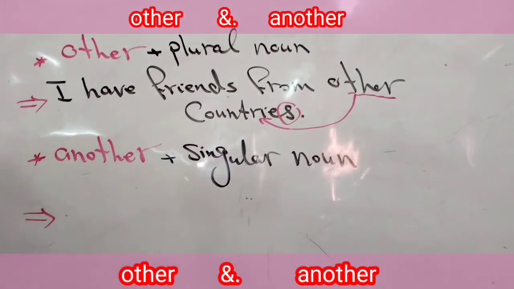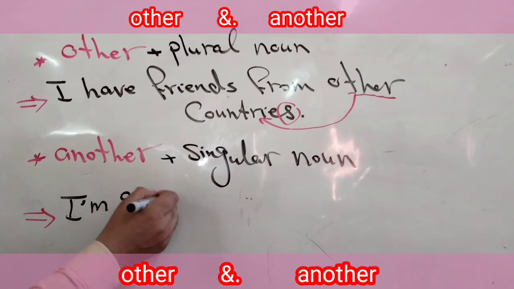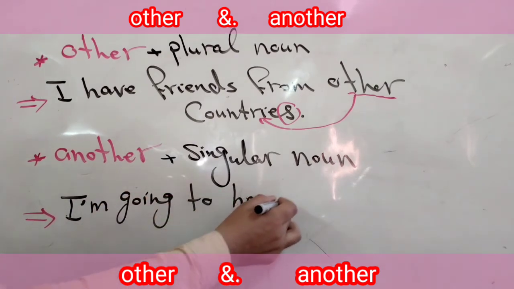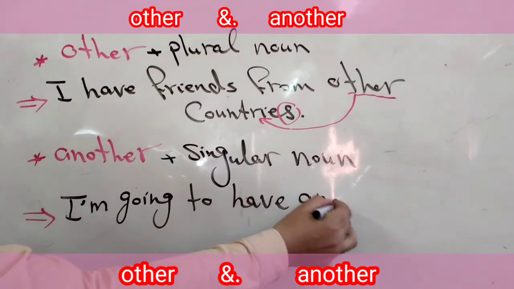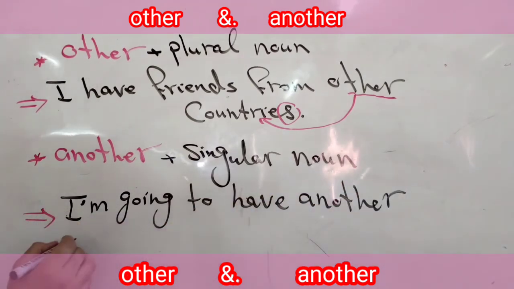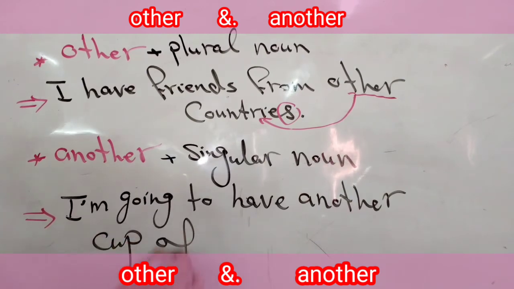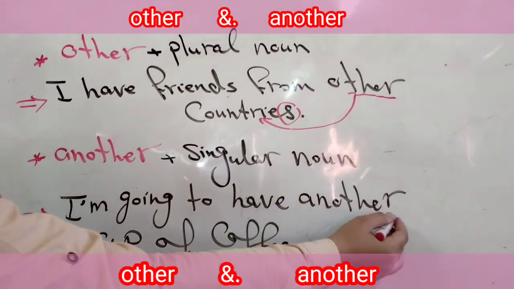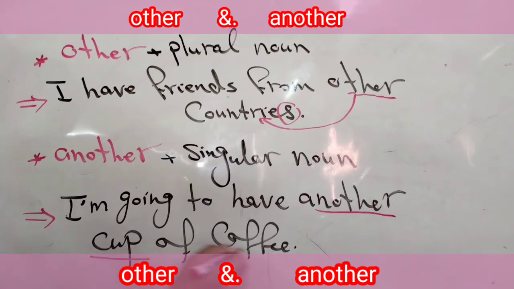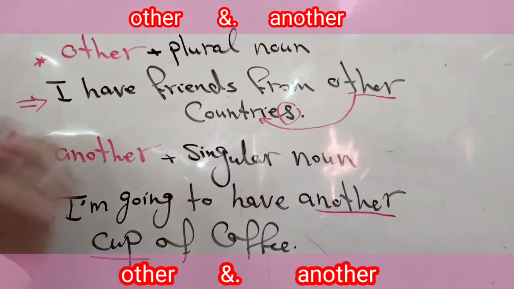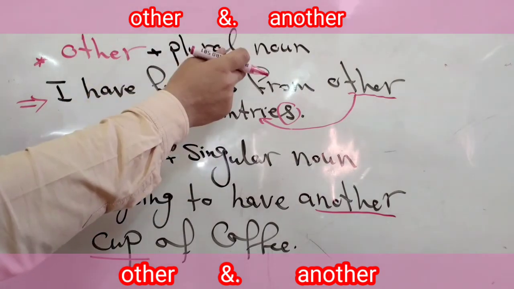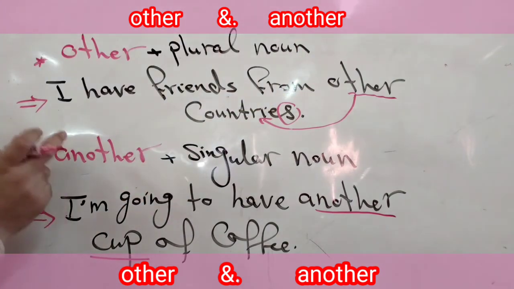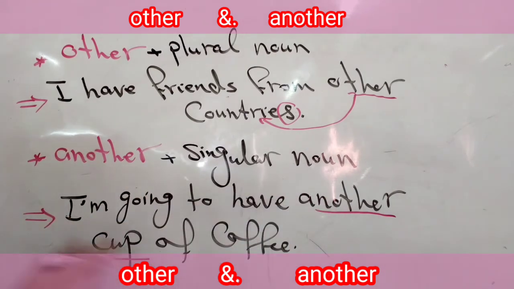For example, when we say I'm going to have another cup of coffee. Here we use the word another, and it's followed by cup of coffee. It's a singular noun. So the word other is always followed by plural nouns, whereas the word another is followed by singular nouns.